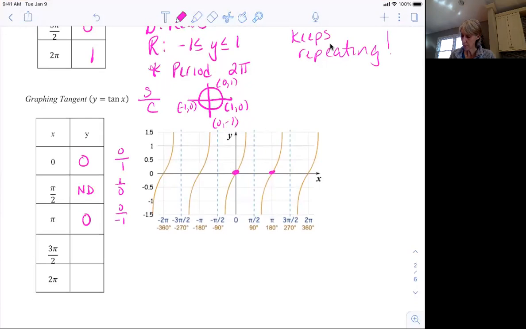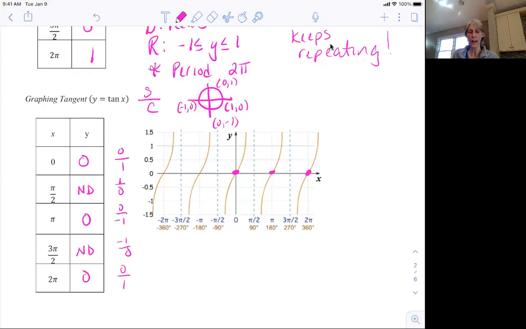The tangent of 3 pi over 2 is -1 over 0, not defined. Again, this is where we're going to see asymptotes. And the tangent of 2 pi is 0 over 1, so we've completed our circular motion on the unit circle, and it is 0.